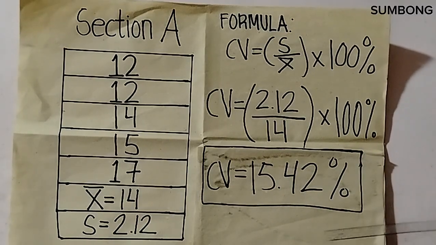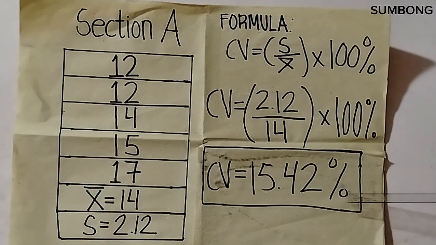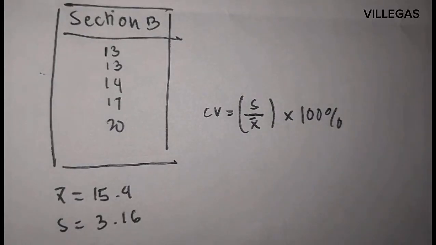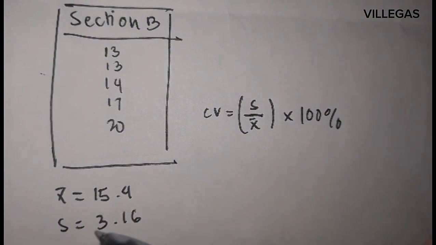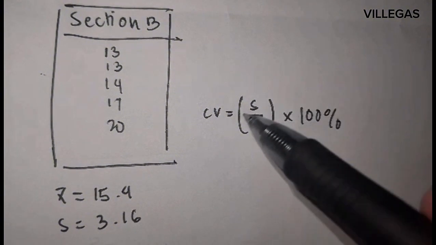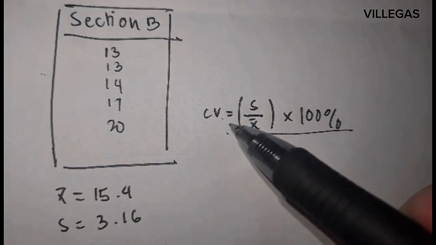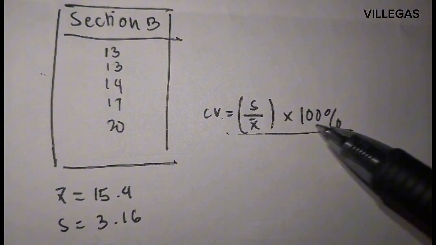So our coefficient of variation in section A is equal to 15.42%. Section B. The mean is equal to 15.4. Standard deviation is equal to 3.16. To get the CV, this is the formula. CV equals S over mean times 100%.